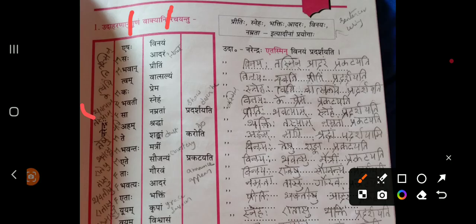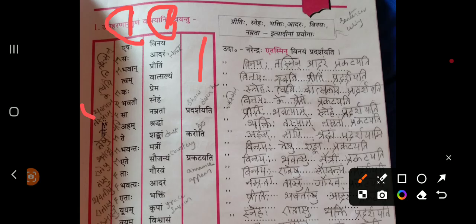Noun means karta. For each and every small sentence, we have one subject, one object, and one verb, right? That's what they have given. They are asking you to create simple sentences. They have given one box with multiple nouns, one subject box, one object box, and one verb box.